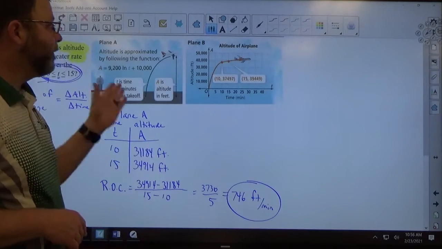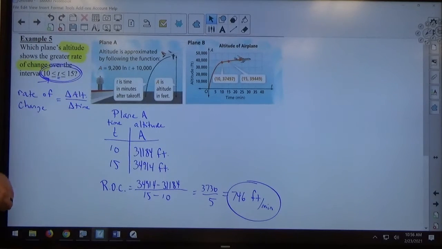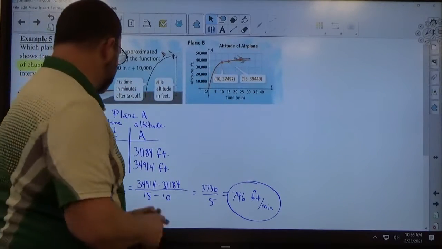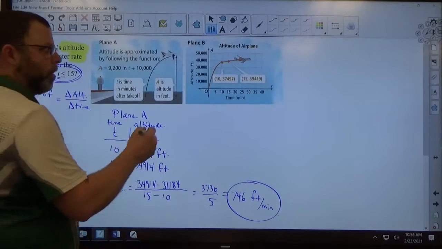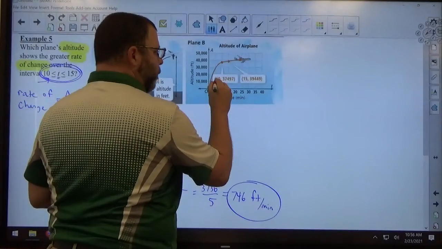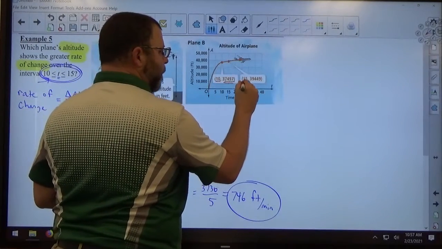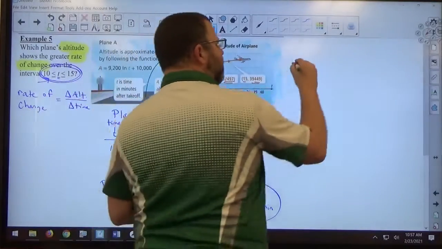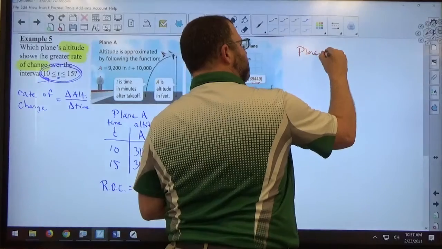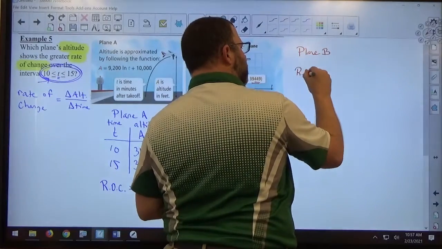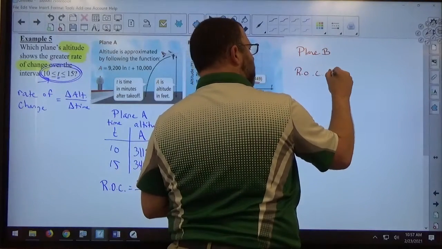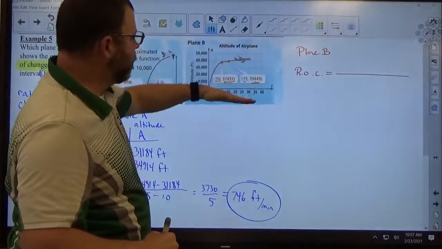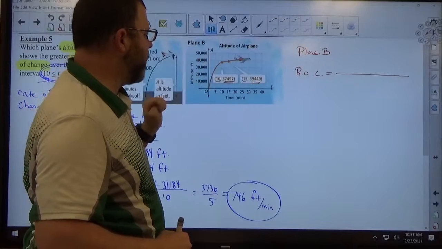The second plane, they don't give us a formula like they did here, but they gave us ordered pairs. So basically, they've given us what we have in this chart here. We know where we were at 10 minutes and where we were at 15 minutes. So for this plane B, the rate of change is going to equal the change in altitude divided by the change in time.